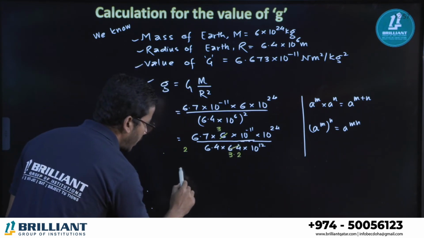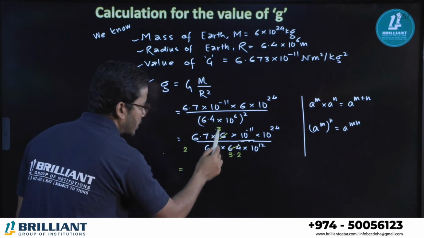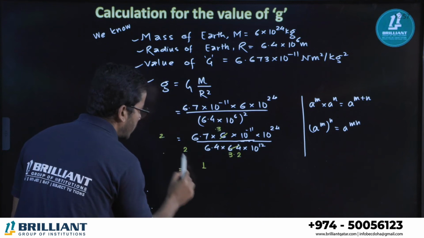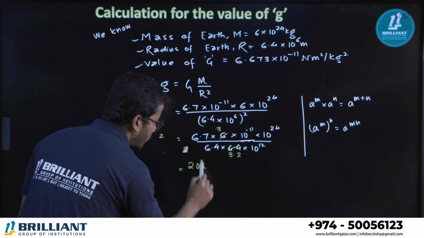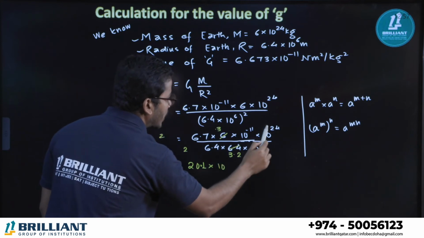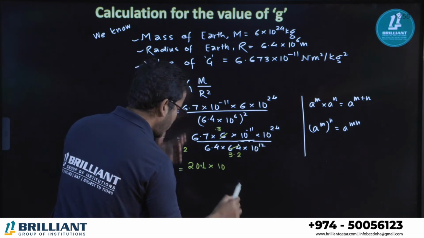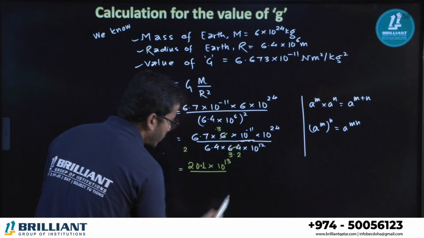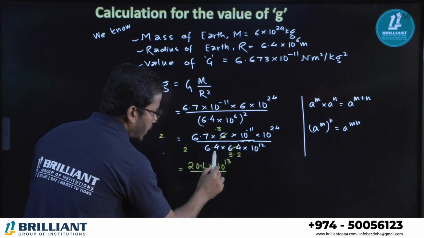After that, you're going to multiply 3 into 6.7. 3 times 7 is 21, 3 times 6 is 18, plus 2 is 20. So you got 20 and you have a point over here. After that, 10 raised to power minus 11 plus 24 will give me 10 raised to power 13, divided by 6.4 and 3.2.